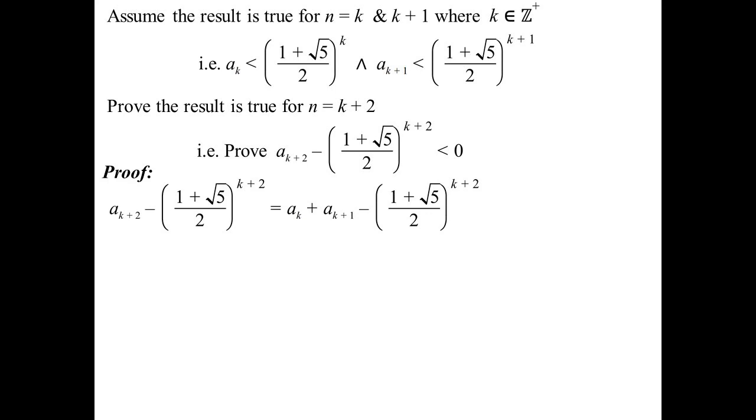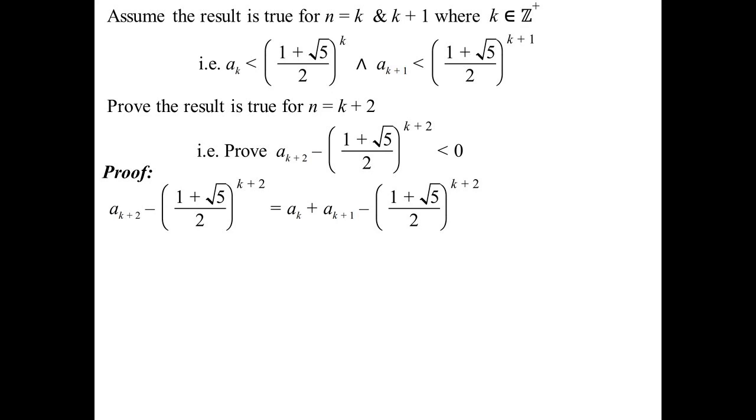Here's my proof. Start with the formula, and the formula was the 2 terms added together. So I've subbed in the 2 terms added together, a_(k+1) plus a_k for a_(k+2). But then we also have this minus ((1 plus root 5)/2) to the power of k plus 2, and that's what we're trying to show is negative.